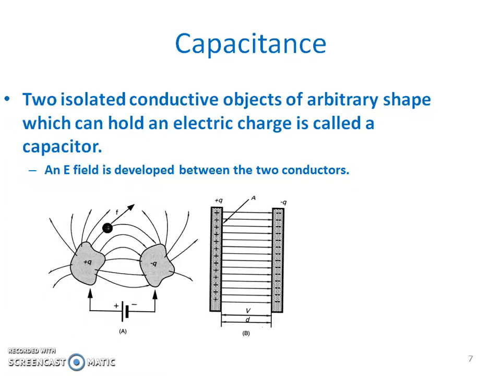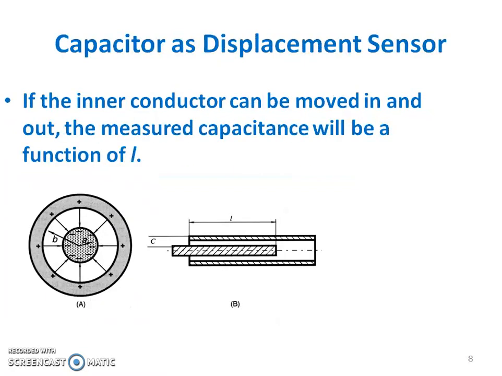The property of capacitance is also used in sensors. Capacitance means that two isolated conductive objects of any shape which can hold an electric charge are called a capacitor. This property of capacitance can be used in a displacement sensor.